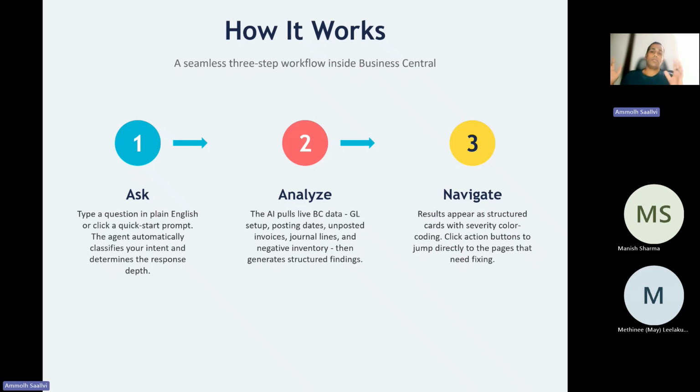Whatever errors pop up on the screens, it will throw the findings as well as the resolution. And then the third stage is navigate, where you can navigate to the particular posting setups or screens. Navigate is still a work in progress, not 100% activated yet.